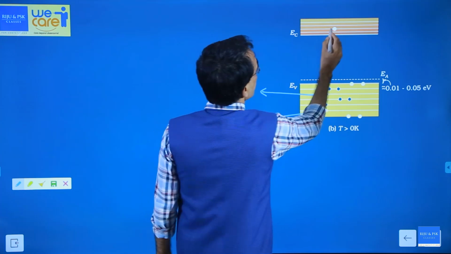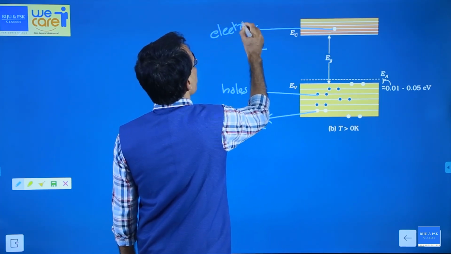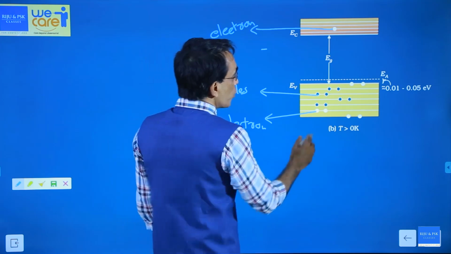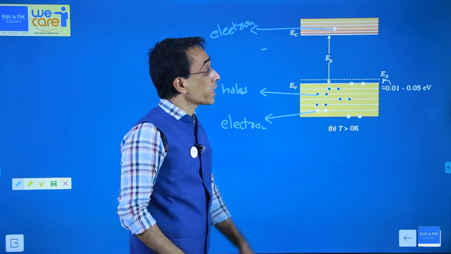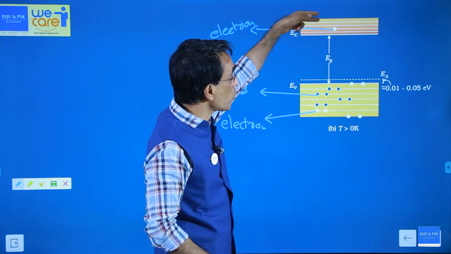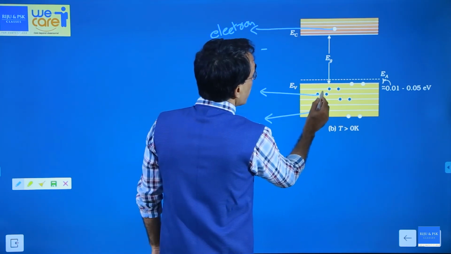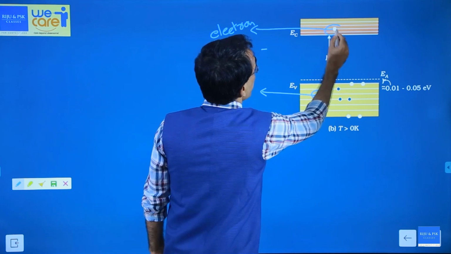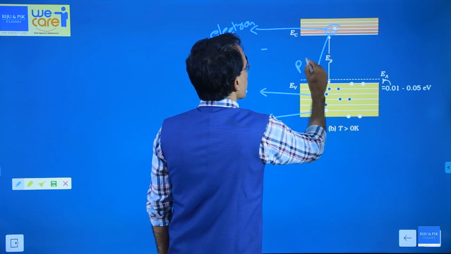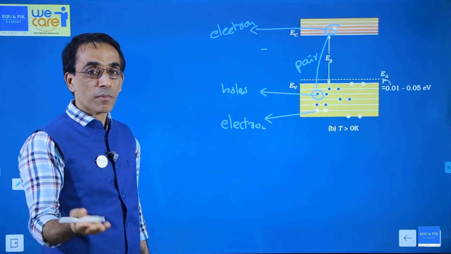Now this one is again an electron. Out of this many electrons, you have one electron there. You can have an electron in the conduction band only when you have a hole in the valence band. So this hole and this electron are a pair, produced due to thermal agitation, thermal energy.